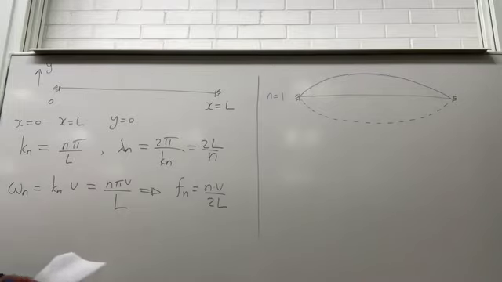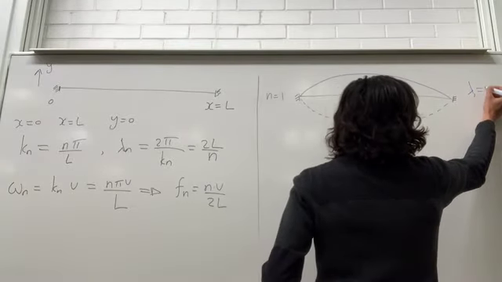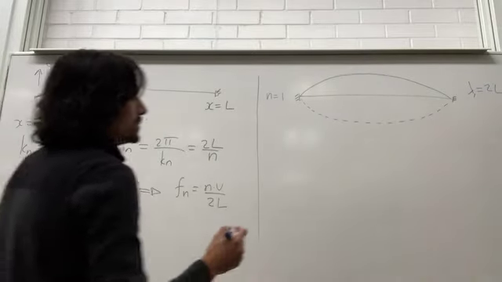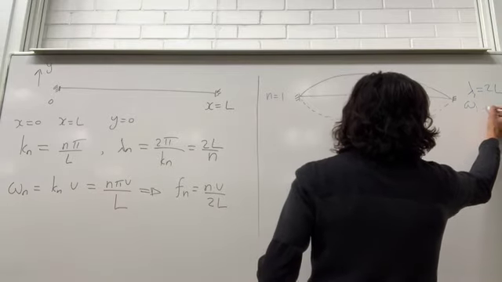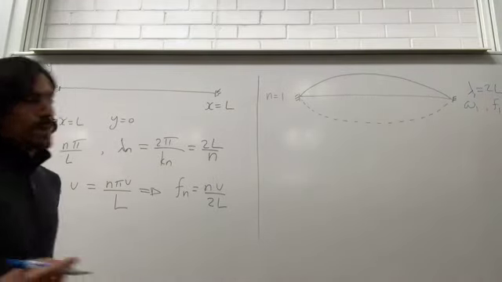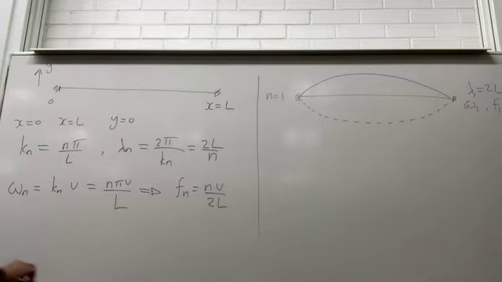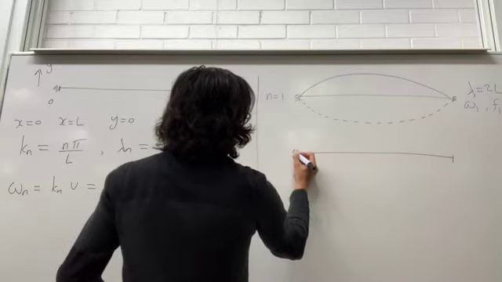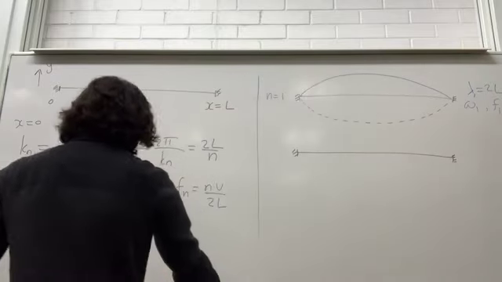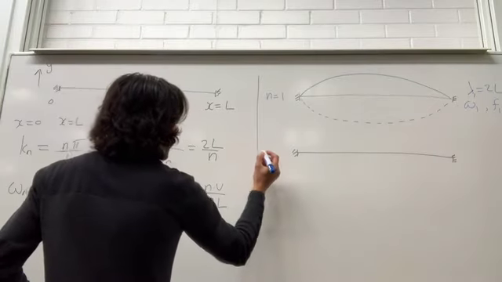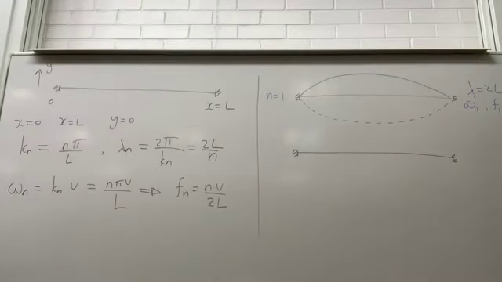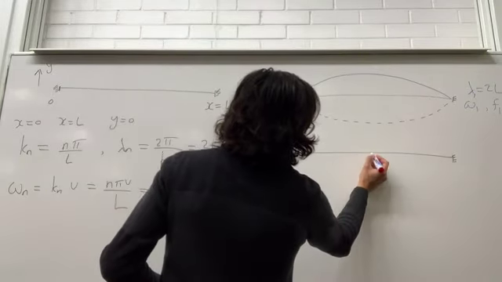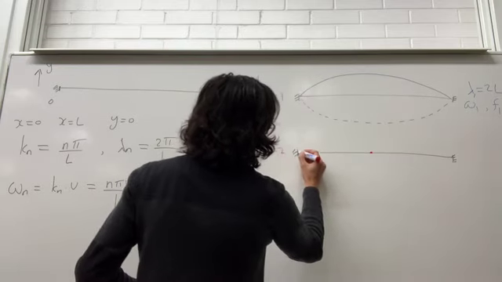For n equals 1, we can write lambda 1 is 2L. And we have some omega 1. That's the frequency, or f1. Now n equals 2. There would be an interesting point here.